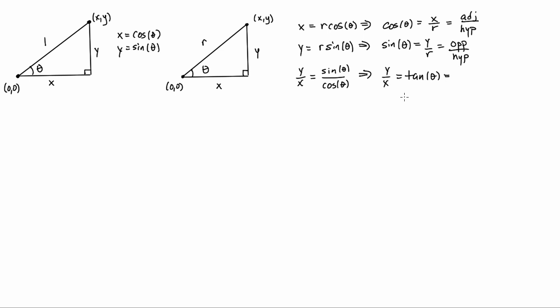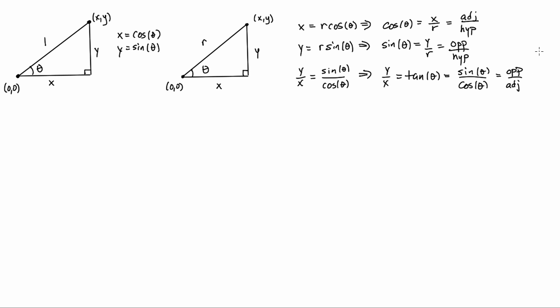And because y and x are both cosine and sine, then tangent of theta is oftentimes defined as sine of theta over cosine theta, or just simply, since y over x is the opposite and x is the adjacent, a lot of times we'll just say opposite over adjacent as well.